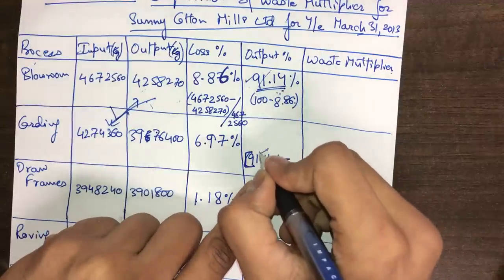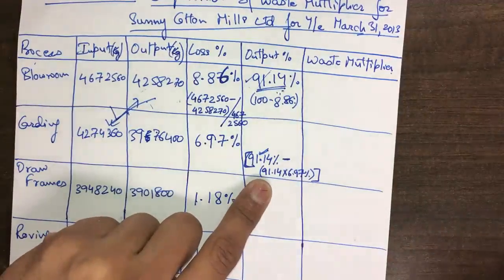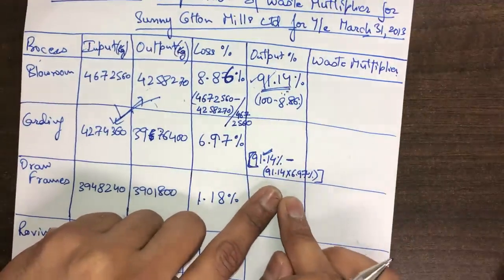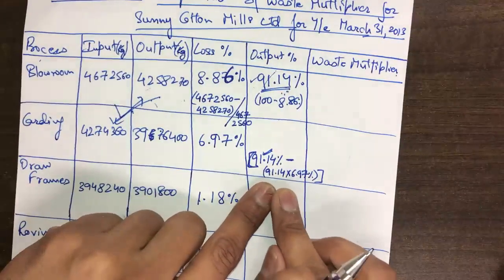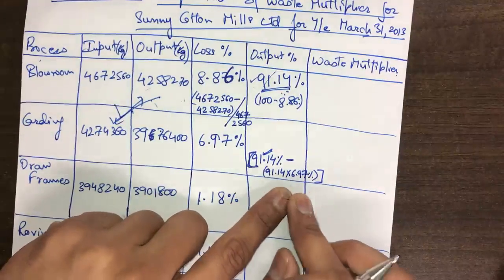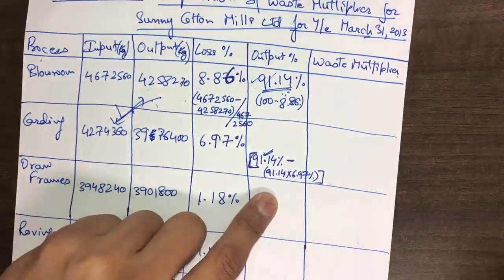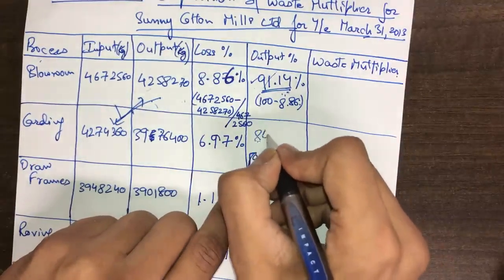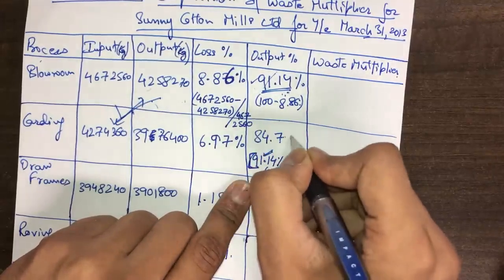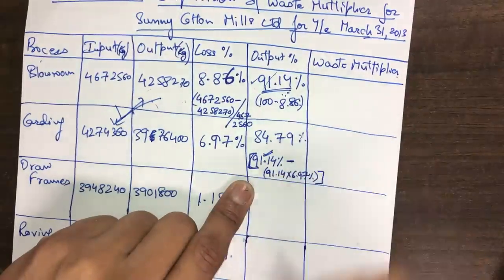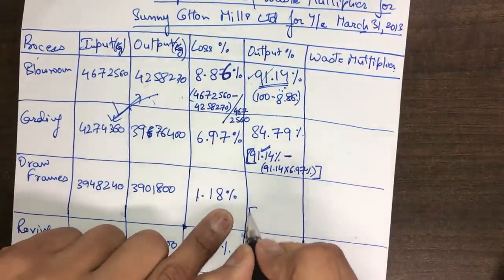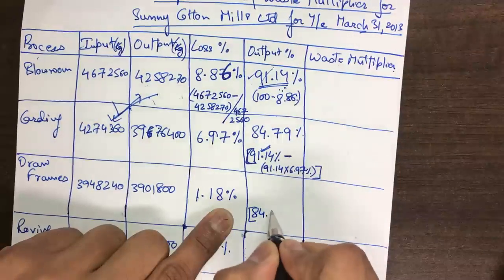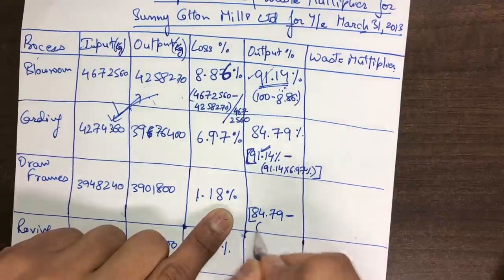So if I use 91.14 as the input, my output for the second process will be computed by multiplying the 91.14 input by the loss and subtracting it from the input. This comes out to 84.79%.